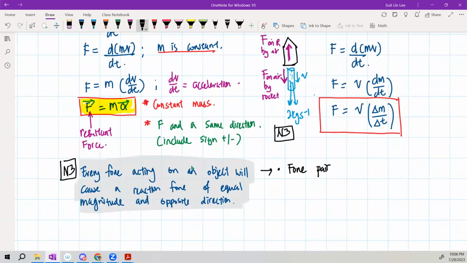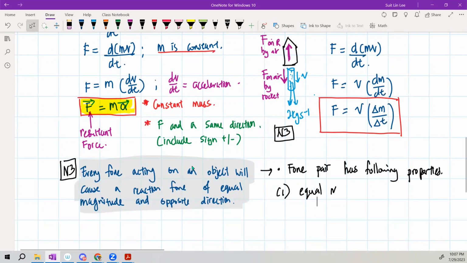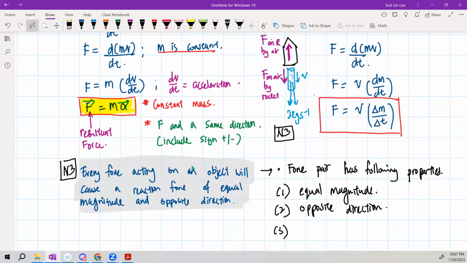And the Newton's third law force pair has the following properties. This is especially important when they ask you to identify them. 1, already in the definition, equal magnitude. 2, opposite direction. So in the definition, we tend to say equal and opposite, but it's not enough because we also need to talk about 3, acting on different bodies.